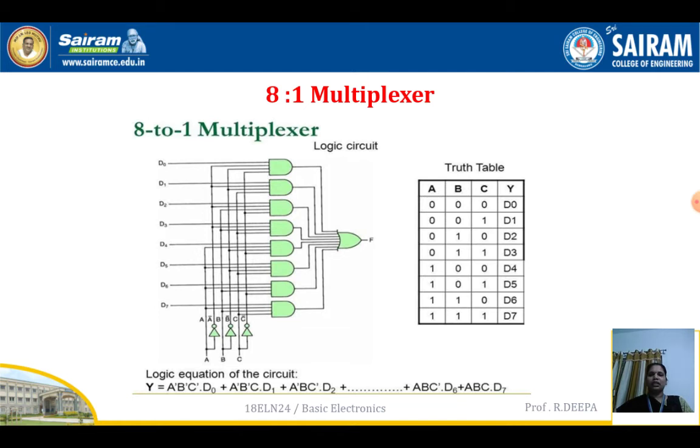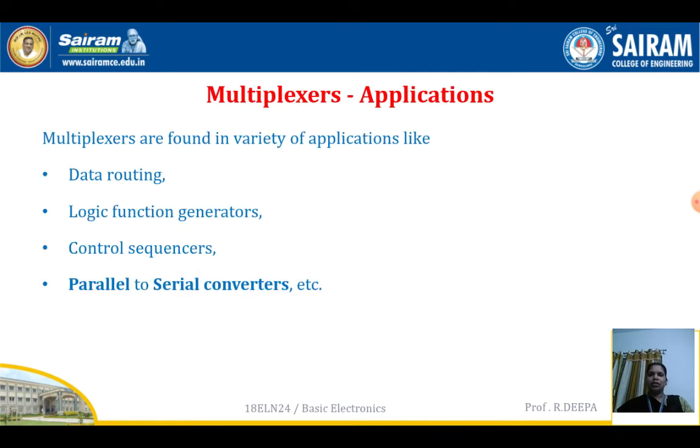So you can write the Boolean expression based on the truth table listed above. Coming to the applications of the multiplexer, it has a variety of applications like data routing, logic function generators, control sequences, and parallel to serial converters.